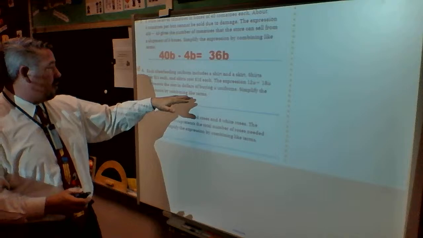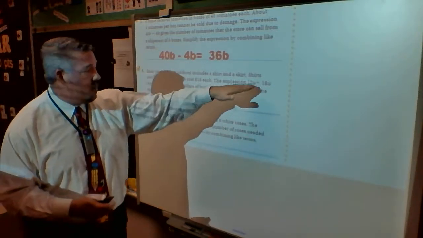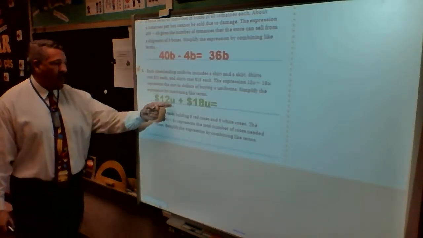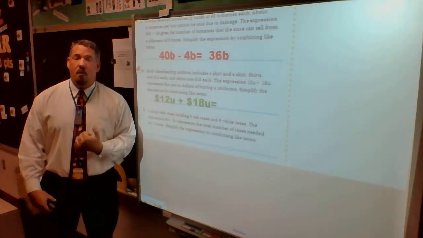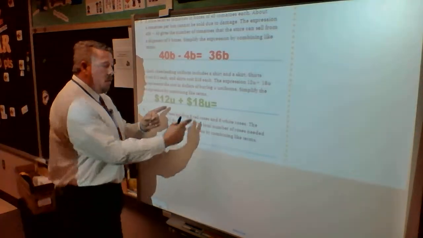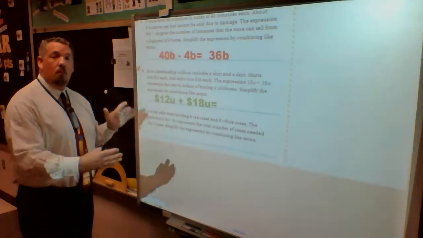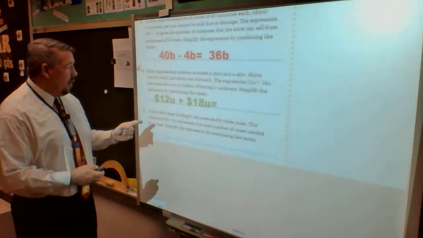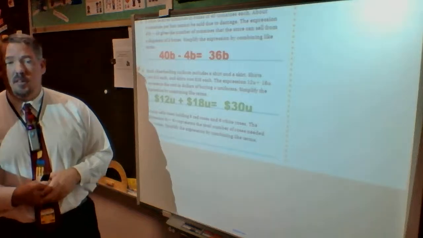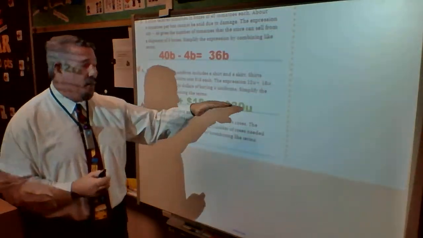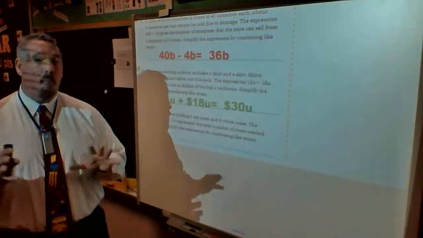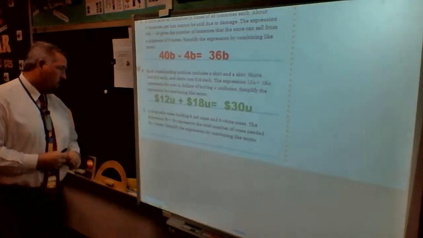Simplify the expression by combining like terms. So I have 12u and 18u. That is showing my work because I set up the math problem. My variables are the same, they are like terms, so I'm going to put the numbers together. Bing, bang, boom, 12 plus 18. I know it's 30u. I have answered the question. No more math work to do.